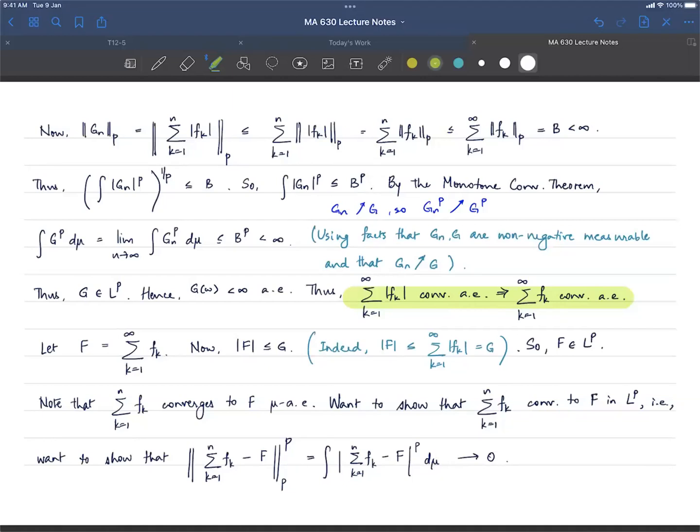You just know that the mod fk are non-negative. Suppose then we use that absolutely convergent series imply convergent. Correct, that is the right answer, but where are you using that? In which space are you using that?